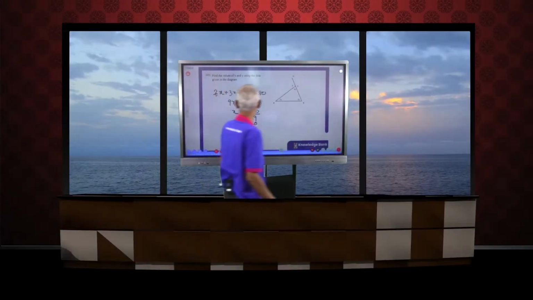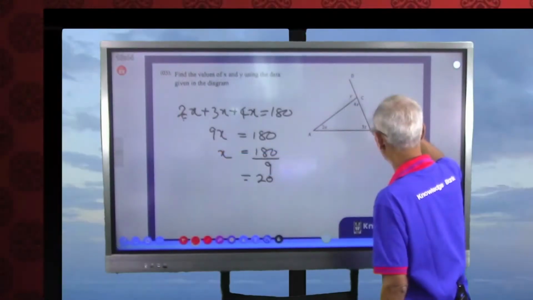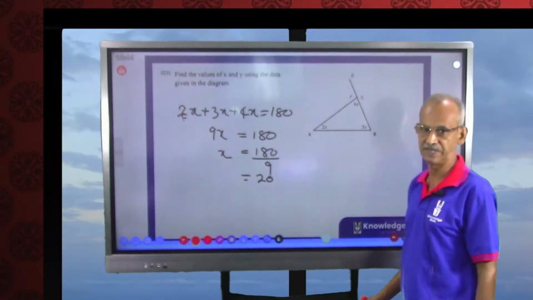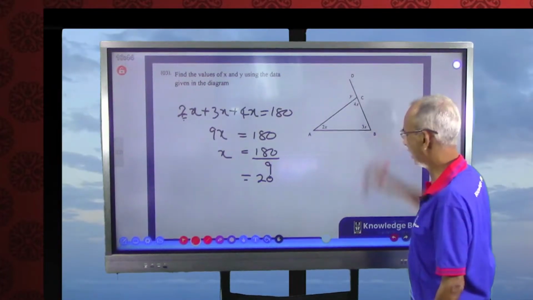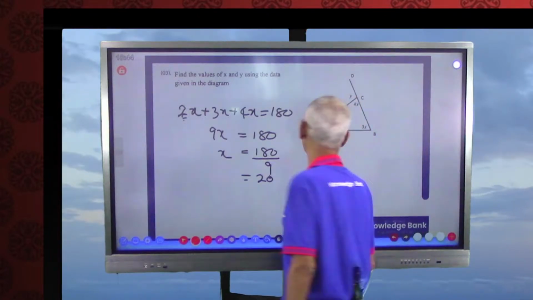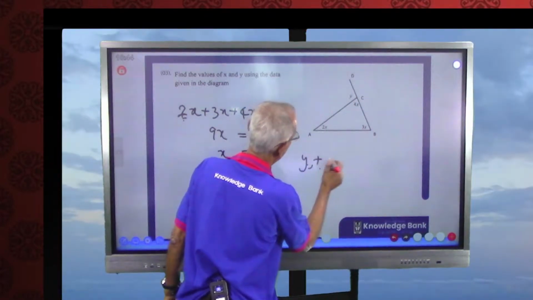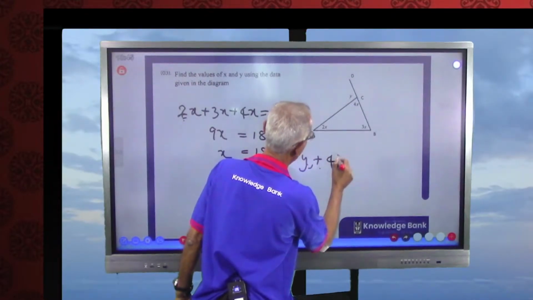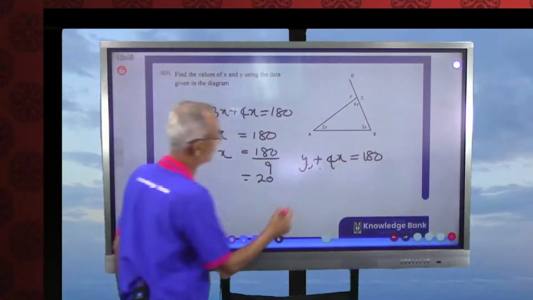Then the next one, the y. See this? The line BCD is a straight line. Angles on a straight line add up to 180 degrees. Then we can write y plus 4x is equal to 180. We found that x is equal to 20.